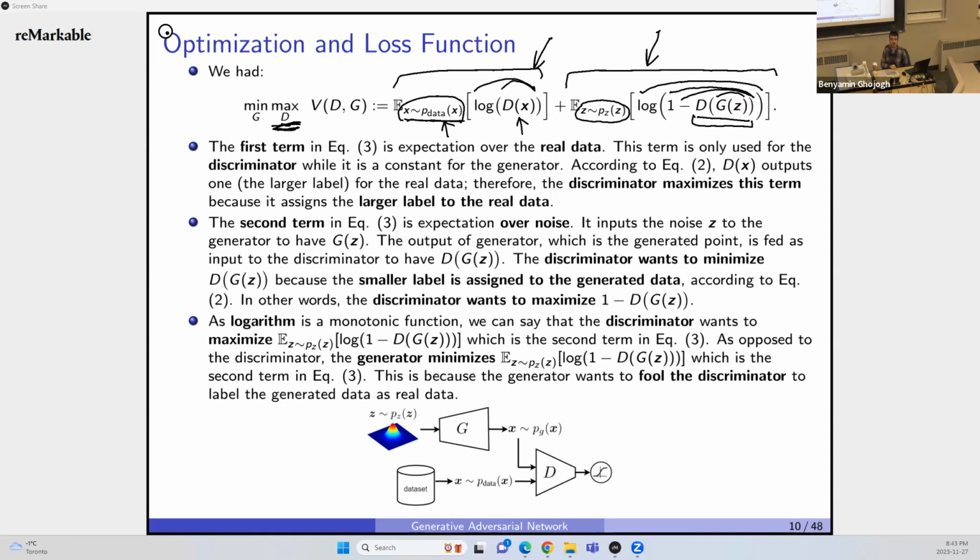Now let's go to the generator. The first term, is it a function of the generator? So it's a constant, goes away. We don't care. Why? Because the argmin is important to me. Argmin in a neural network is the weights, not the min value.